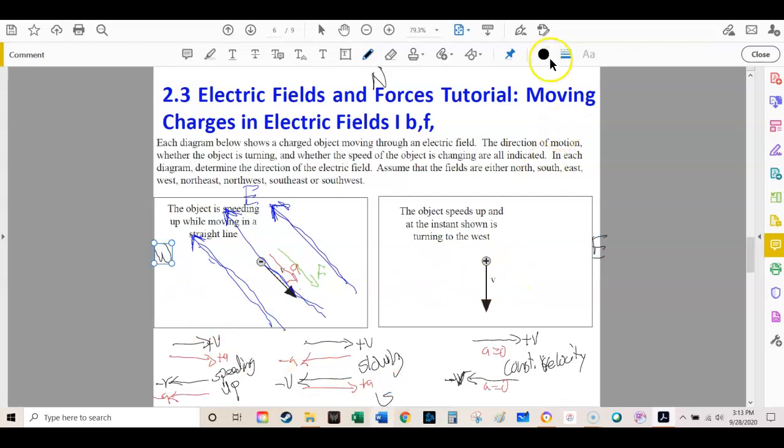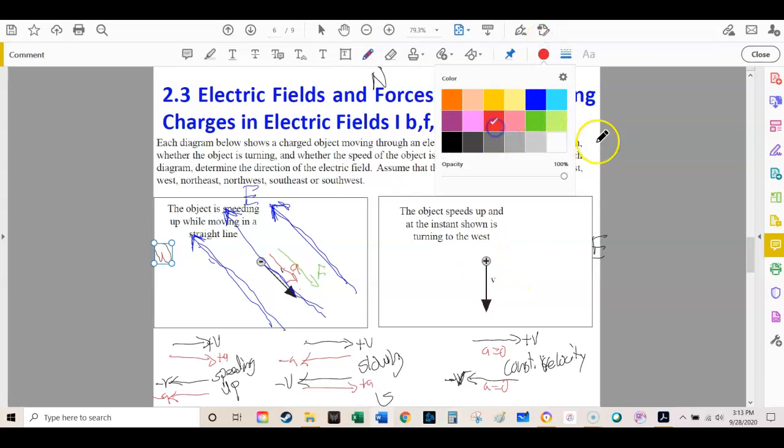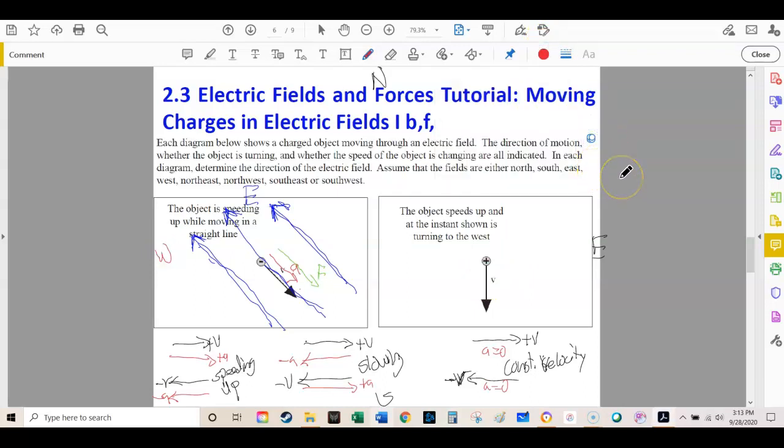Okay, so let's think about this. That means it's going to have two acceleration vectors. If it's speeding up and it's got a negative velocity vector, that means it's going to have an acceleration vector that is also down. But if it's turning to the west, it's also going to have an acceleration vector pushing it to the west, right? And this is a positive particle.